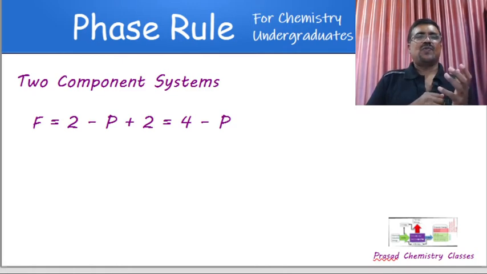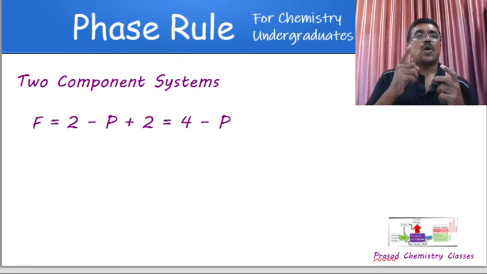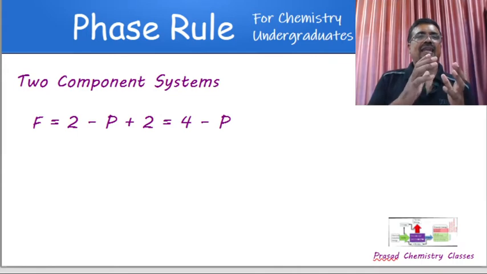So we will have to know temperature, pressure and composition to define the system completely. So 3 variables we have to have: temperature, pressure and composition.